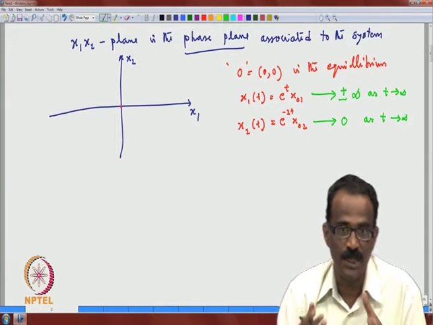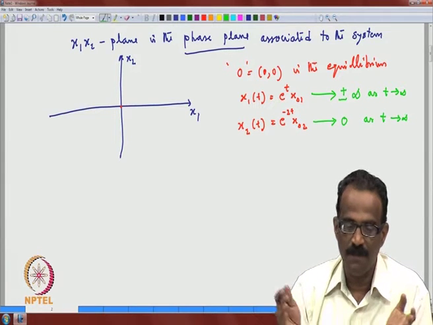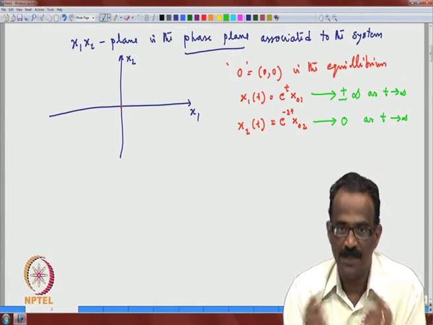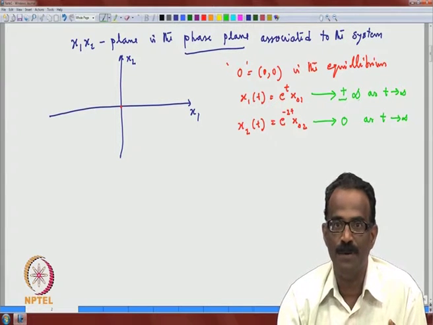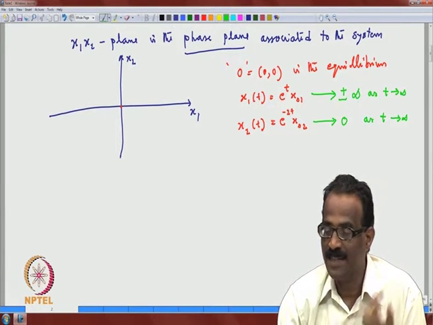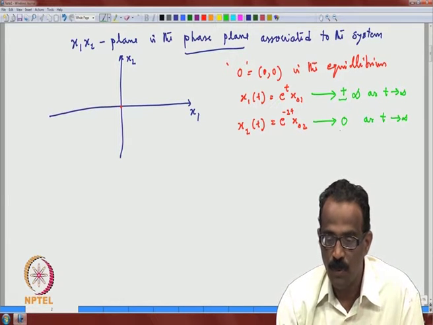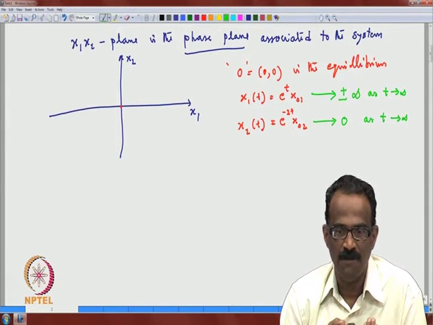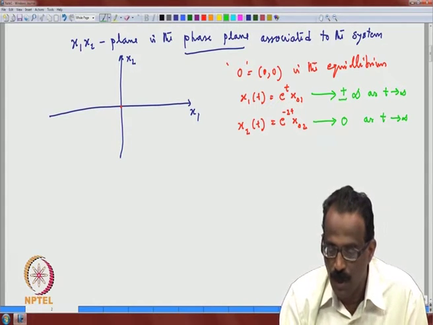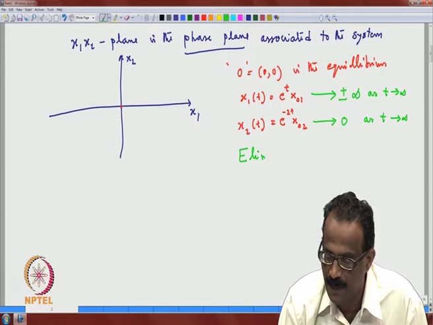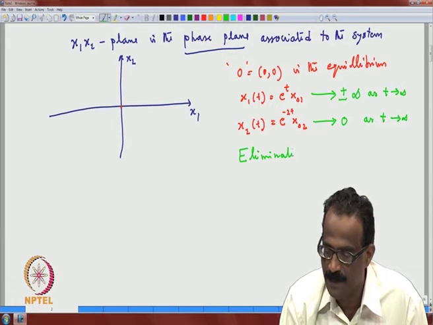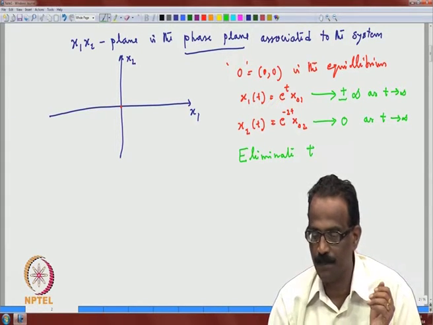So, wherever the initial point is, one component will go to plus or minus infinity, and the other component will go to 0. So, we want to plot this graph in the x1 x2 plane. To plot this one, you eliminate t. You want a closed representation.